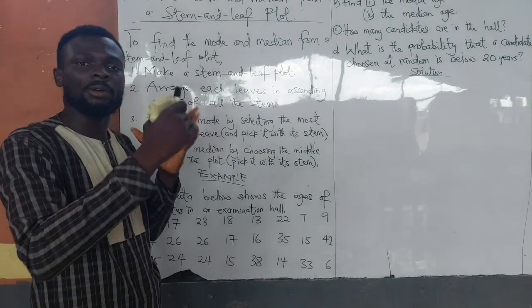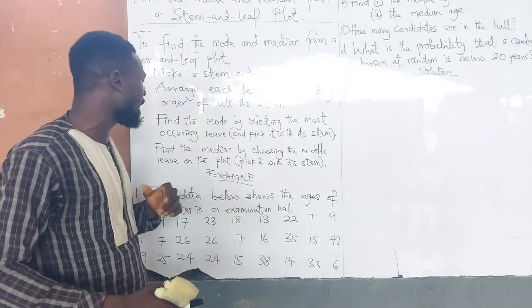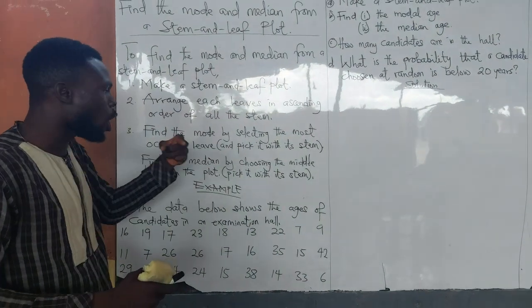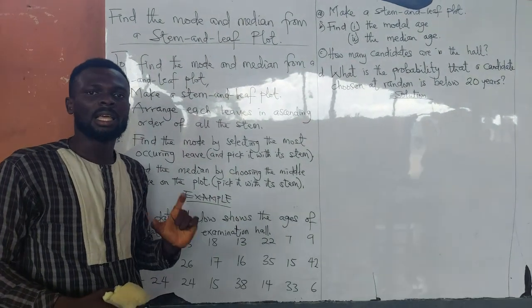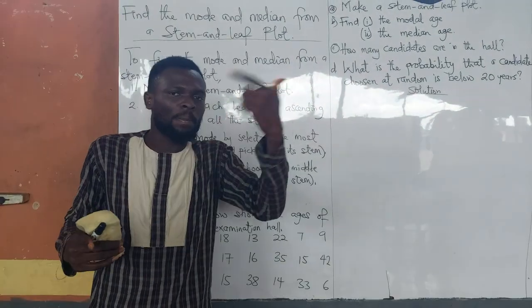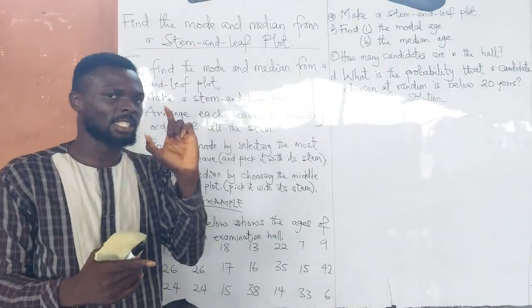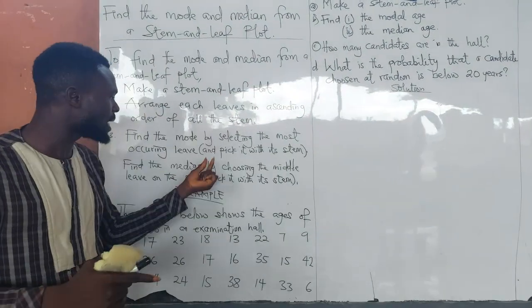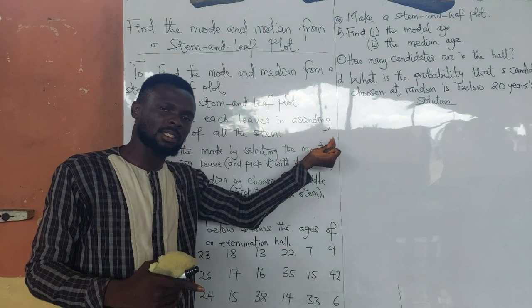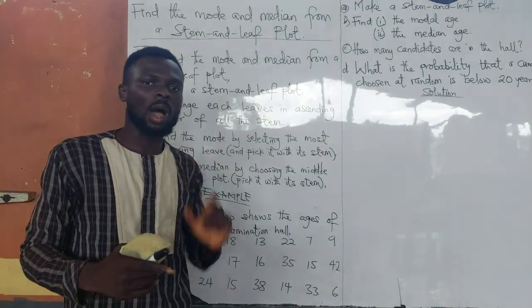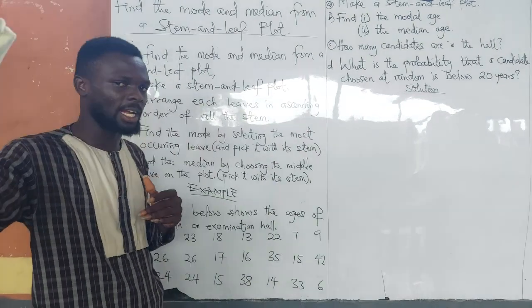So after rearranging the leaves in ascending order, we find the mode by selecting the most occurring leaf. But we don't pick only the leaf, rather you pick it with its stem.